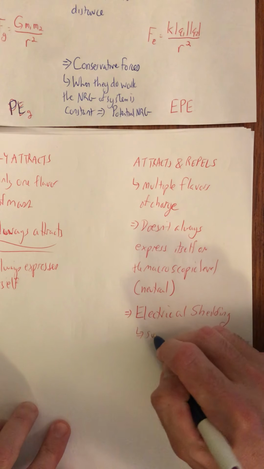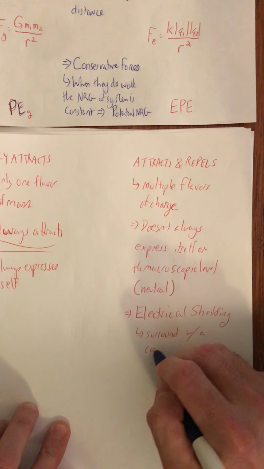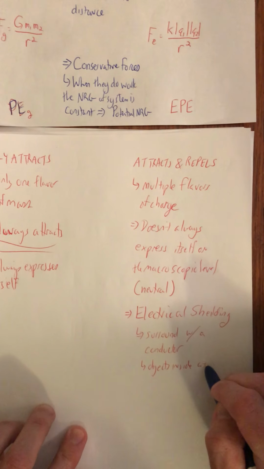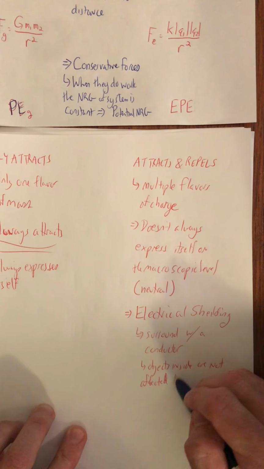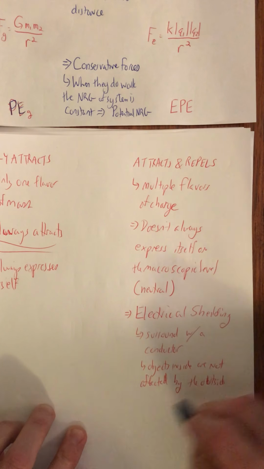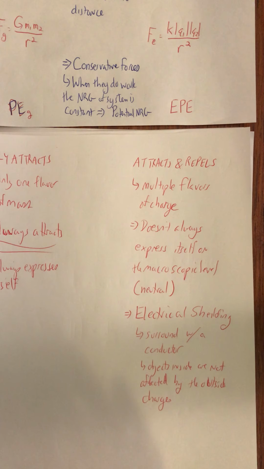This is when you surrounded yourself with a conductor, and then because excess charge only exists on the outside of a conductor, objects inside are not affected by the outside charges, right? So you can block out the electrical force.